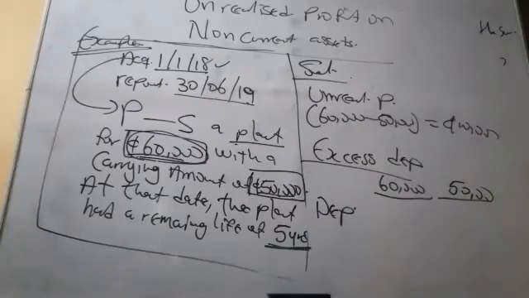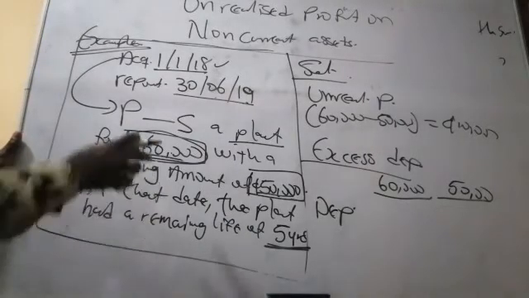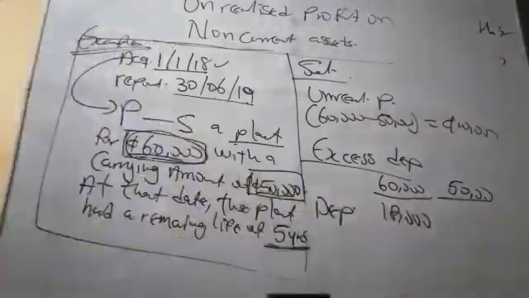So 60,000 divided by 5. That will give us 12,000 times 1.5. That will give us what? 18,000. Agreed. So if they calculated the depreciation on the 60,000, you get 18,000 depreciation on 1.5 years.